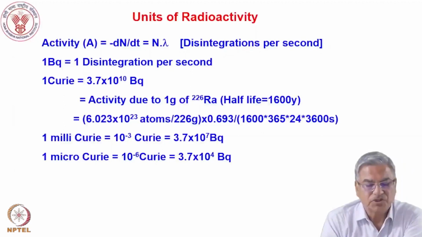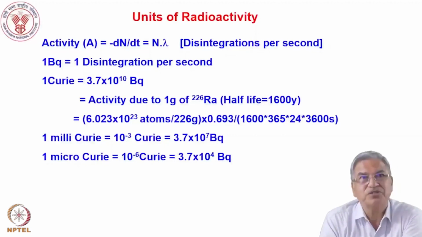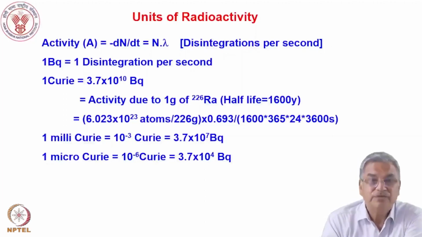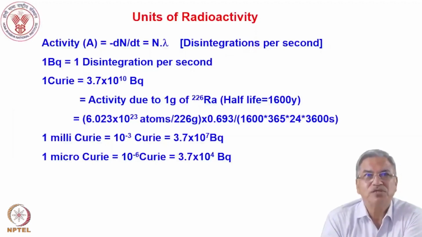And to honor the discoverer of the phenomenon of radioactivity, we have a unit: 1 becquerel is equal to 1 disintegration per second. Also, there is another unit of radioactivity called Curie, in the name of Madame Curie, and 1 Curie is 3.7 times 10 power 10 becquerels. So you can see the Curie is a much bigger unit compared to becquerel.